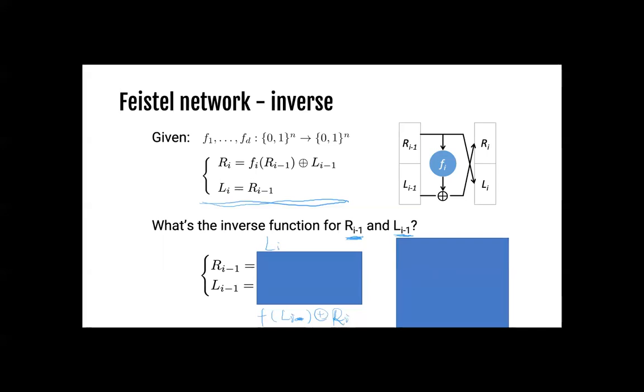So the input of the function is going to be Ri and Li. So you want to represent Ri minus 1 and Li minus 1 using Ri and Li. You can consider this as an encryption, and now you're trying to do a decryption. Make sense?